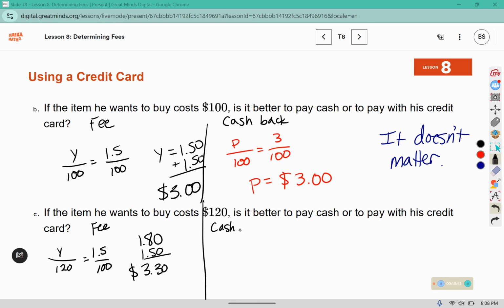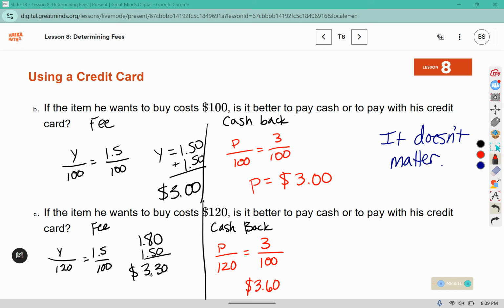For the cash back, on the $120 item, with 3% cash back, 120 times 3 divided by 100 is $3.60.